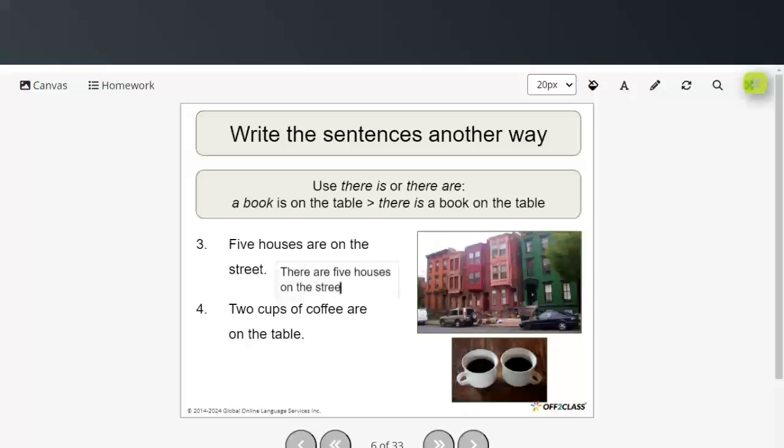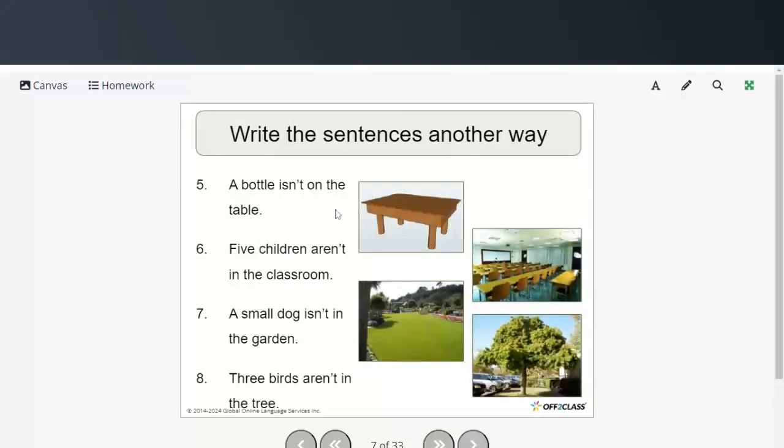2 cups of coffee are on the table. There are 2 cups of coffee on the table. A bottle isn't on the table.